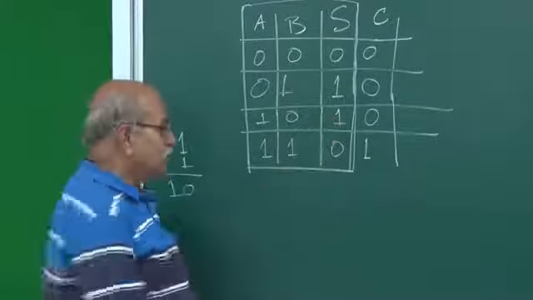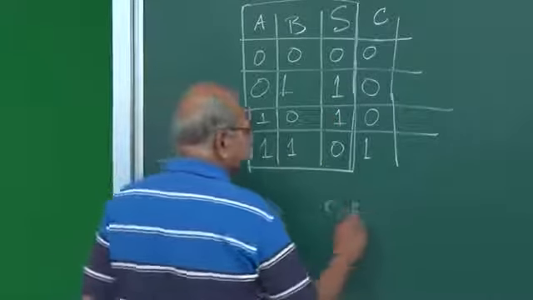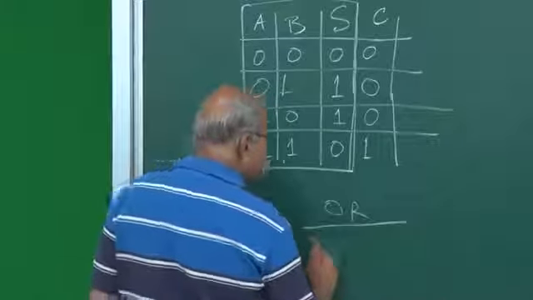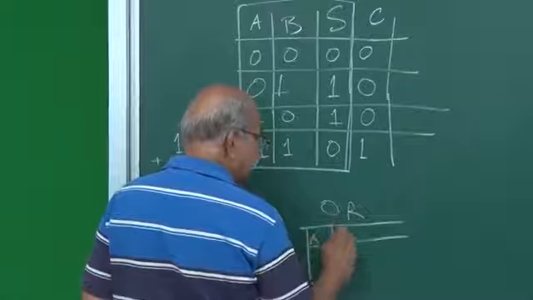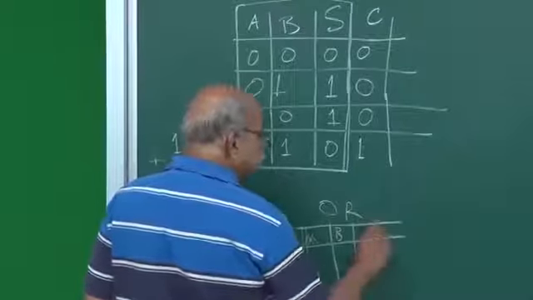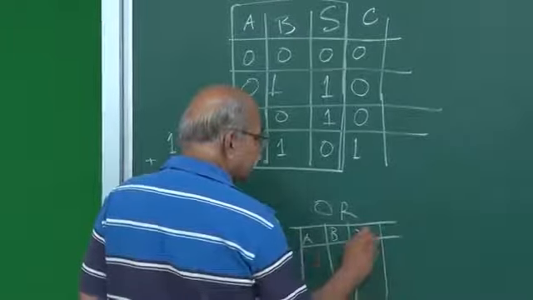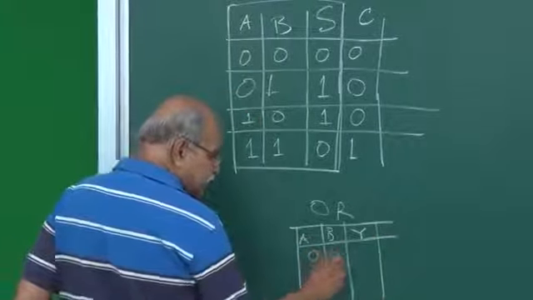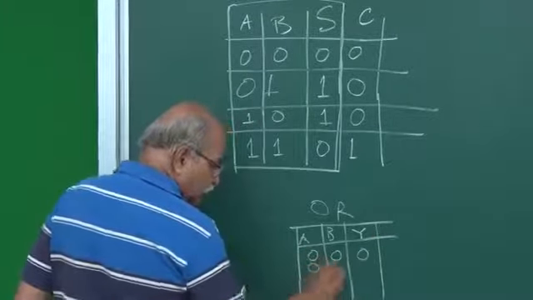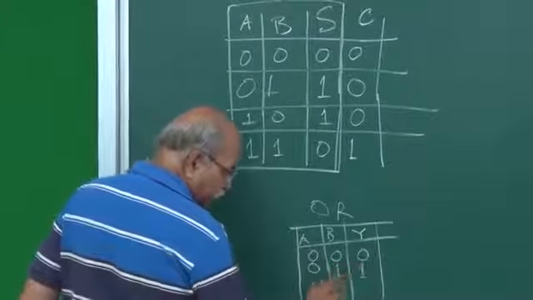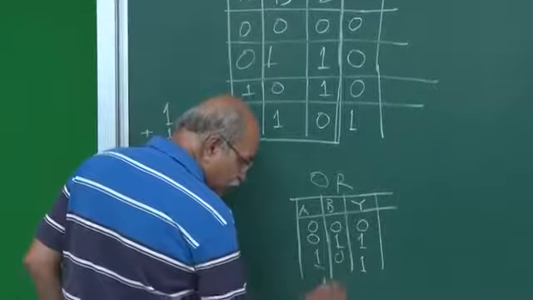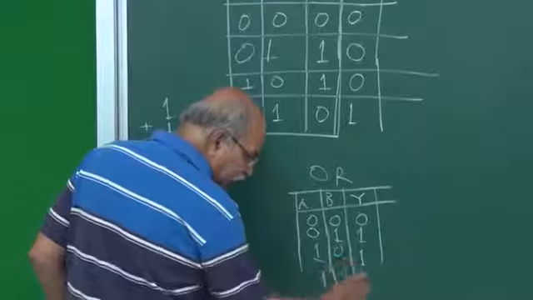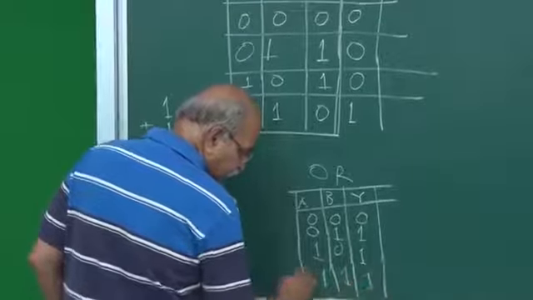In the OR gate the truth table was A, B and then Y. So, OR we said that 0 0 is 0, 0 1 is 1, then 1 0 is 1 and 1 1 is also 1.